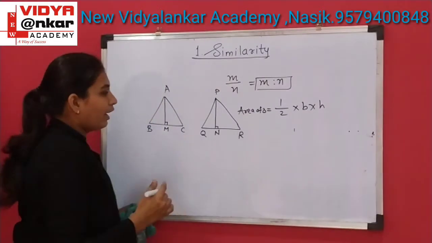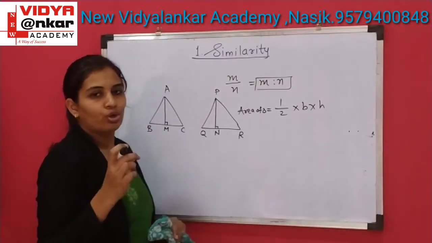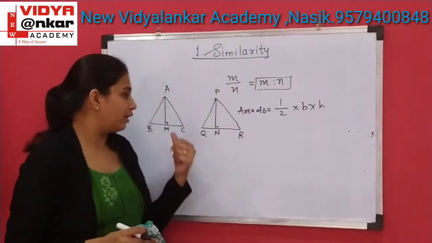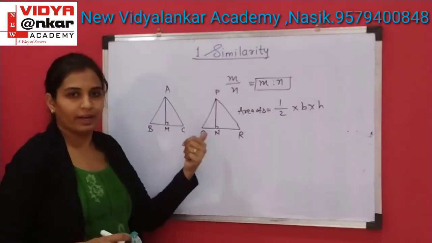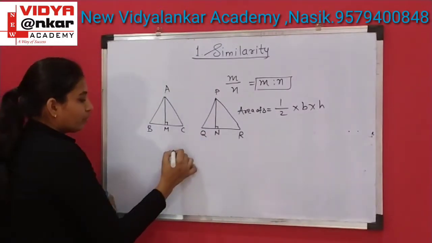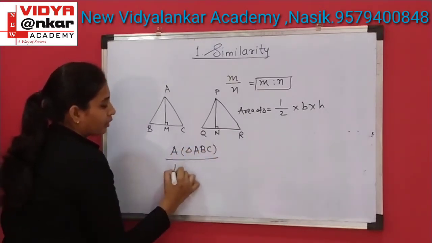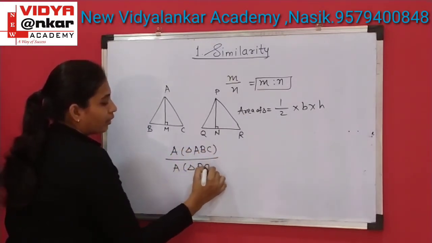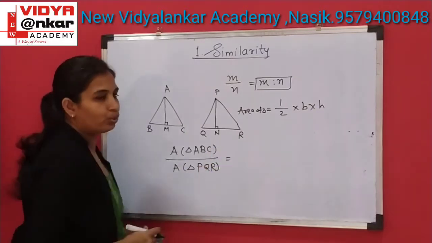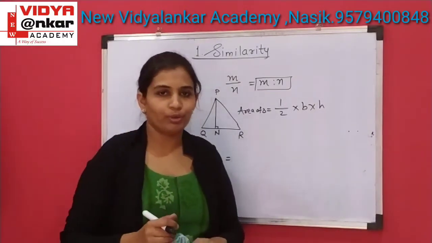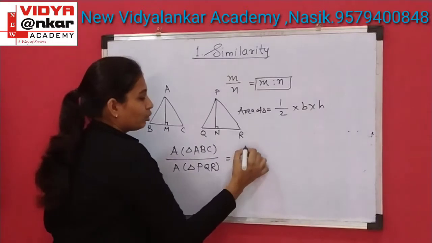But we have to find the ratio of the area of triangle ABC to the area of triangle PQR. So we can write area of triangle ABC upon area of triangle PQR is equal to, according to our formula, 1/2 into base into height.